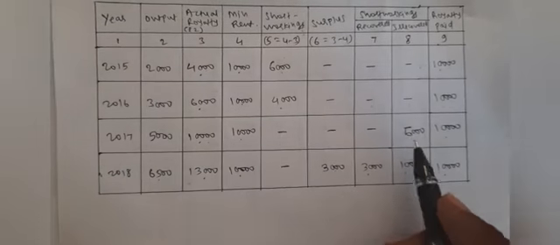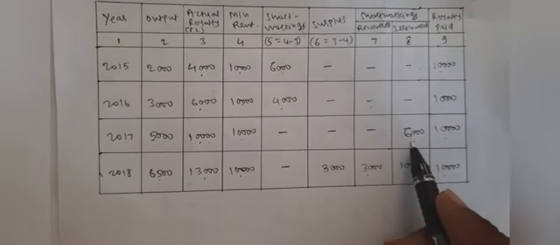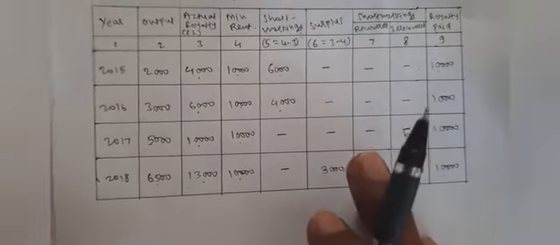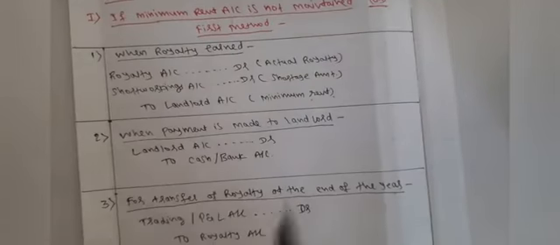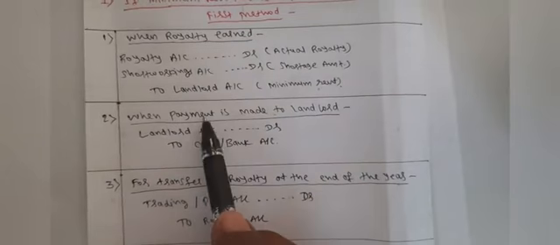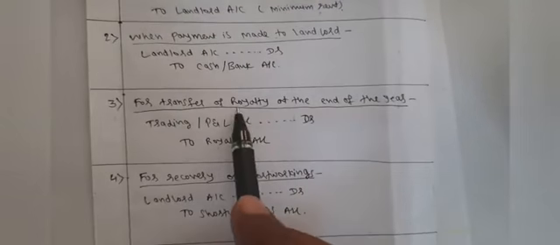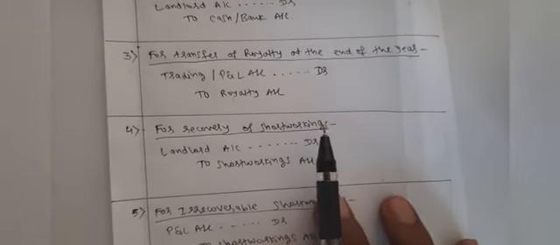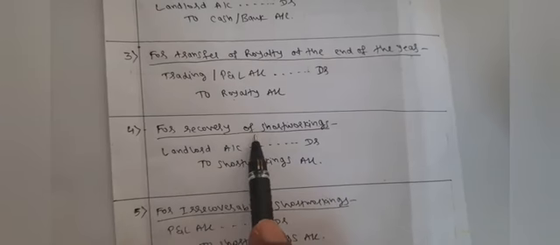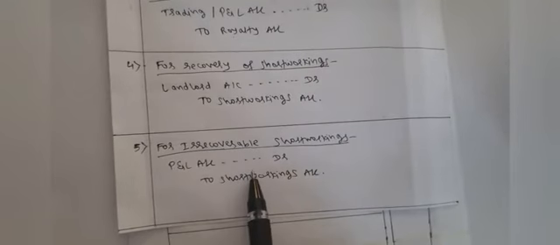Out of 5, 4 entries will be applicable. The recovered portion entry is not applicable. The irrecovered portion is applicable, as 6,000 is irrecovered.